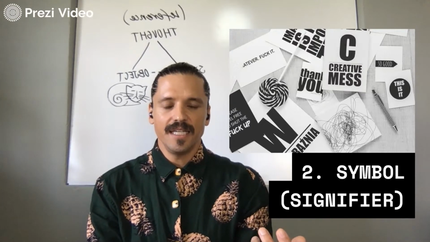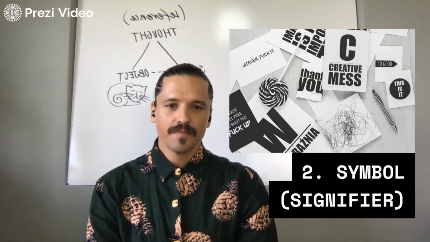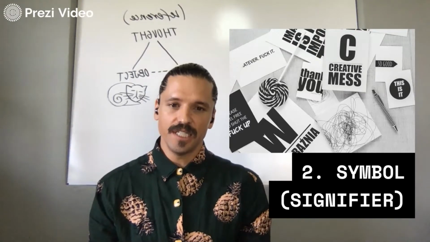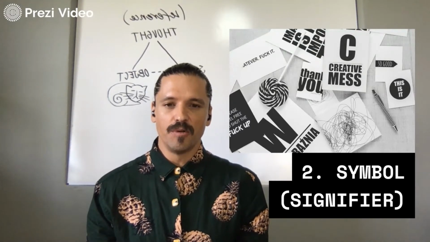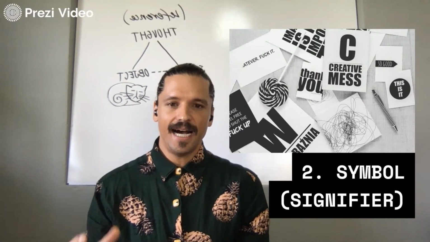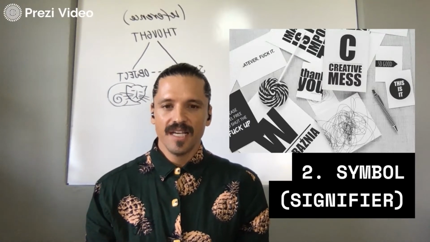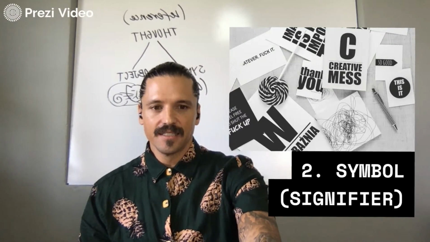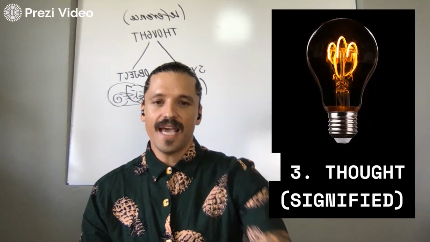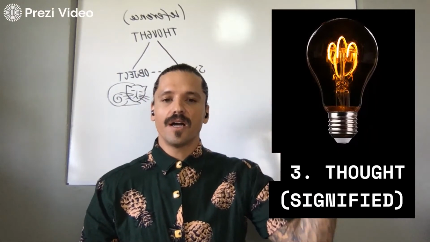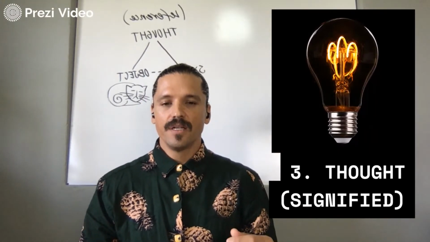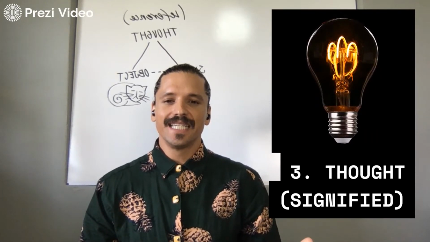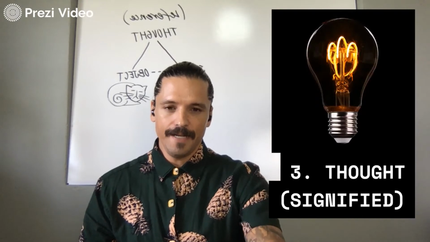What is the symbol for chair? Well, it's the word chair. Not a drawing of a chair, but the actual word, chair. This is the signifier. Now, this signifies a thought in all of our heads of what we are materially representing, right?